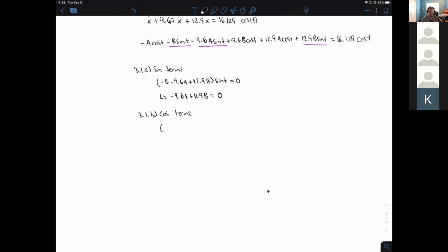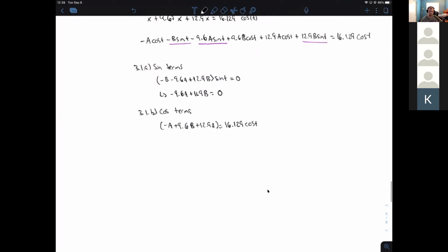So for that we have minus a plus 9.6b plus 12.9a equals 16.129 cosine of t.